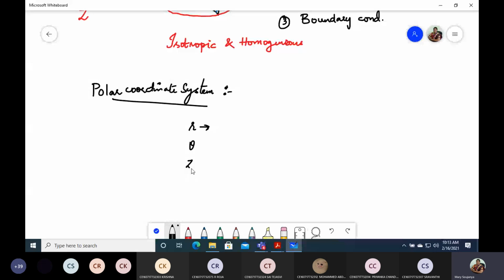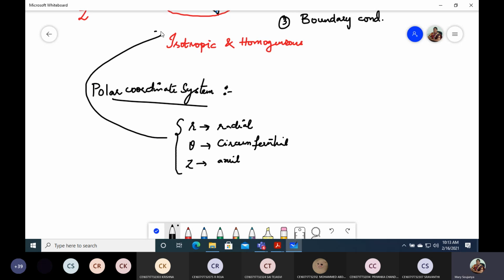And there is the axis about which it rotates. So one is radial, the other one is circumferential, and the axial. So we're going to have R, theta and Z for analyzing or deriving the axisymmetric problems.